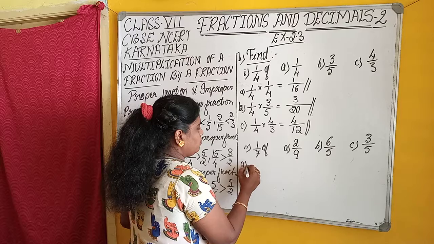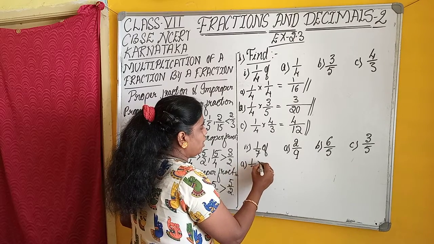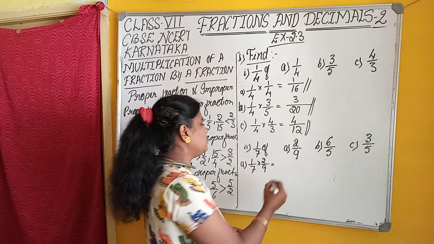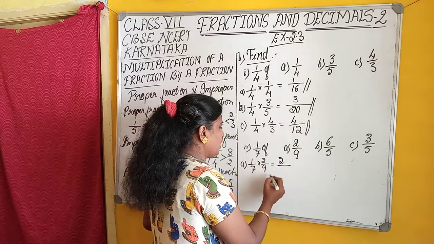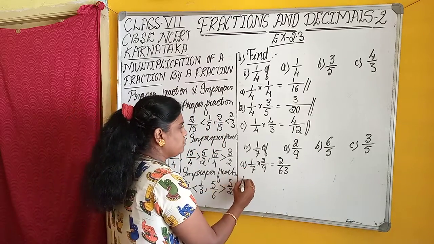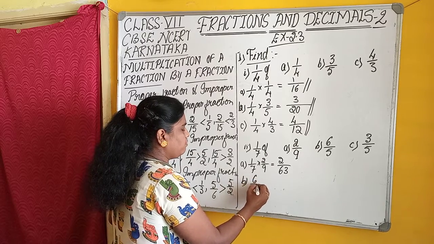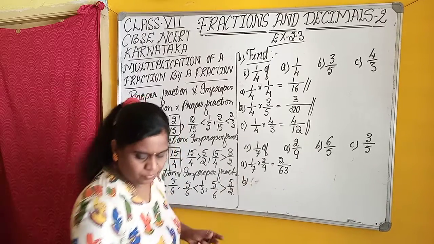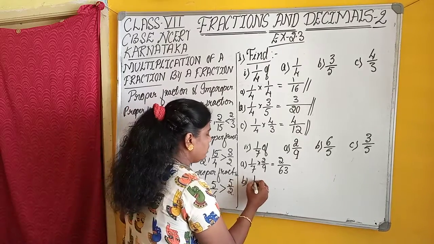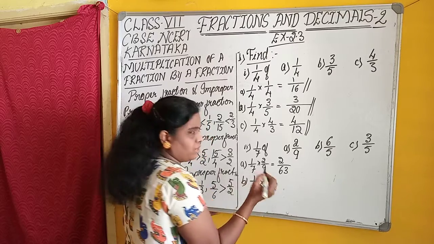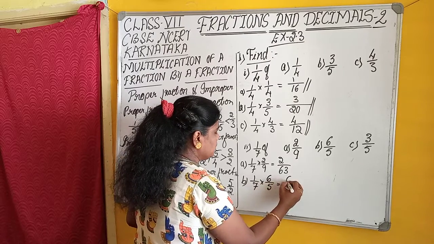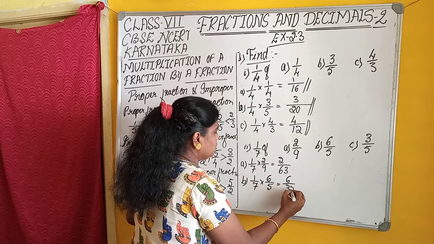In that, first one is 1 by 7 into 2 by 9. Okay, the product of the numerators is 1 2s are 2, divided by 7 9s are 63. Next, B1, that is 1 by 7 of means into, you have to put, students, into 6 by 5 is equals to 1 6s are 6 divided by 35.